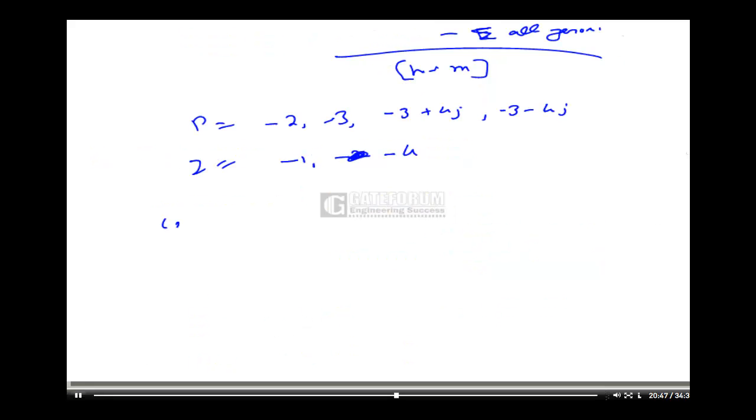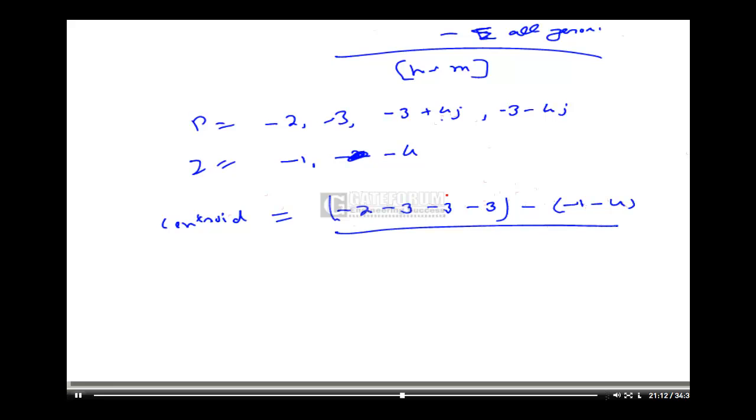Then the centroid in this case: number of poles is 4, number of zeros is 2, so (-2, -3, -3, -3, because plus 4j and minus 4j cancel out automatically) minus (-1 -4), upon 4 minus 2.